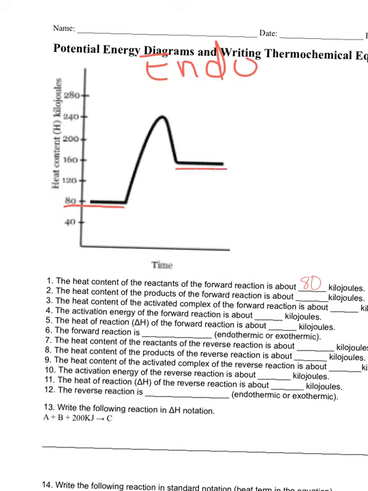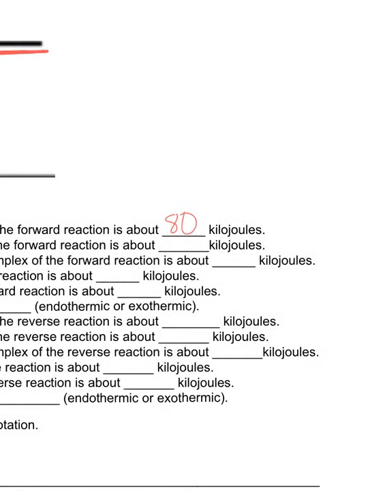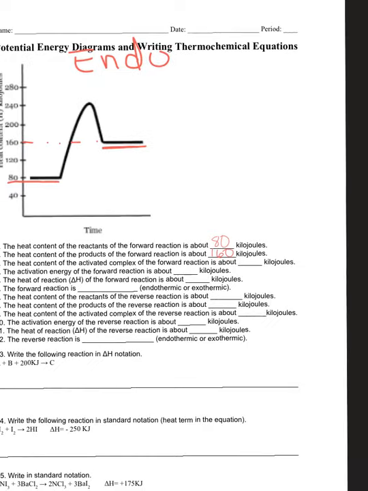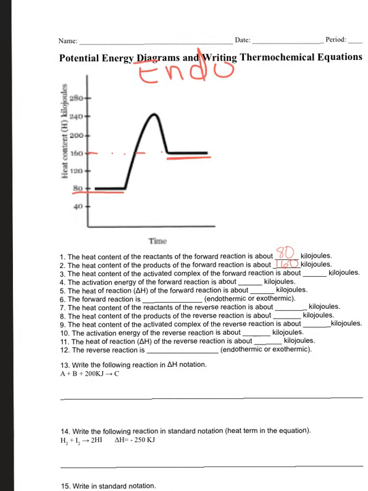So here are your products. What number is that? That is going to be 160 kilojoules. Pretty simple. We're just reading the graph. The reactants 80 kilojoules, products 160 kilojoules.